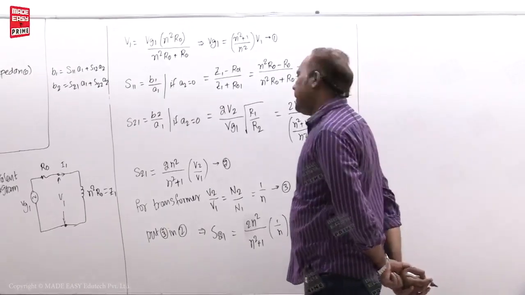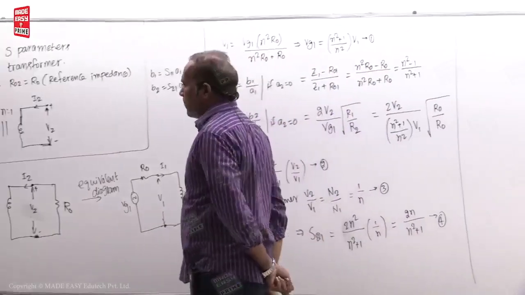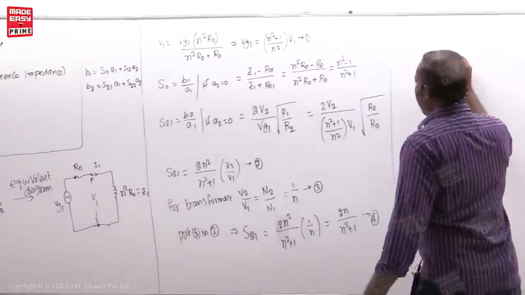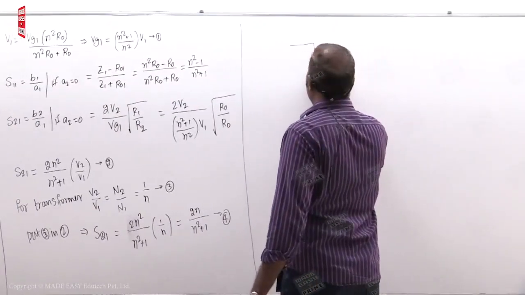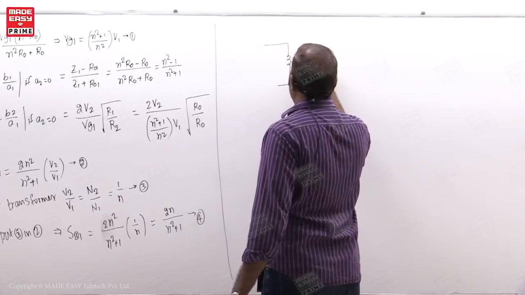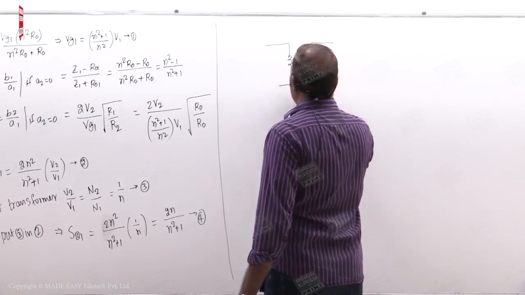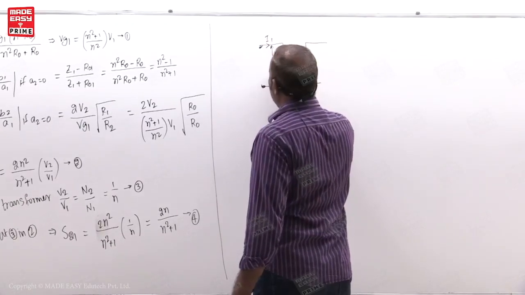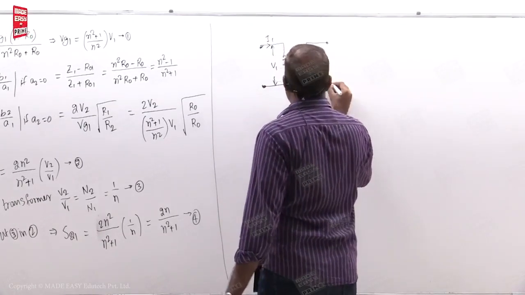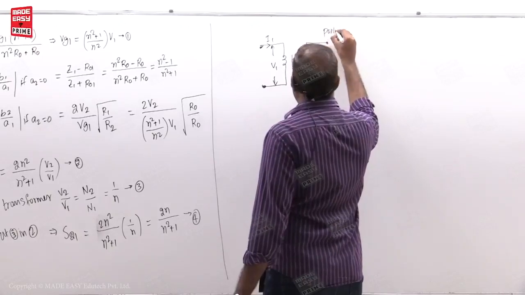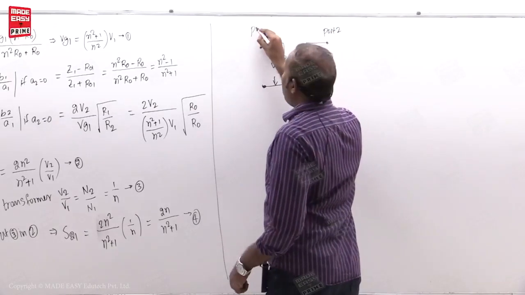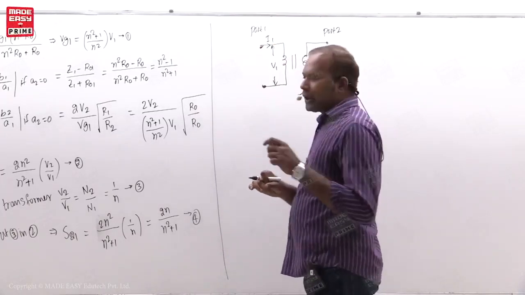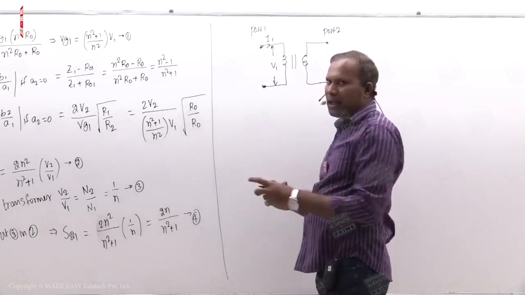Now similarly, for the calculation purpose, you take the same diagram. Okay, I am taking the same diagram, and so this is port 1, I1, V1, and this is port 2. Actually, what is the meaning of port, student? There two wires are available, so that you can connect some device there. That is the meaning of port.